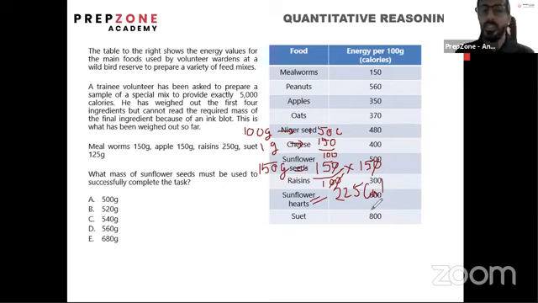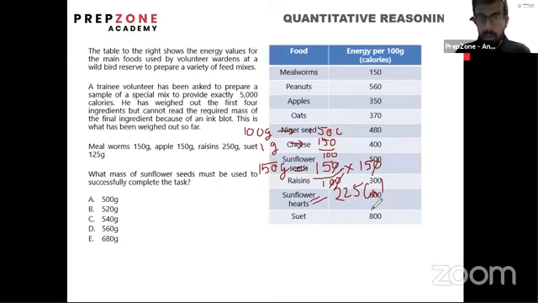Okay, so that's just for the mealworm. Similarly, you have to look at the apple. Apple is also 150 grams. An easier method is 100 grams, 350 calories. 150 grams is basically 1.5 times 100 grams.